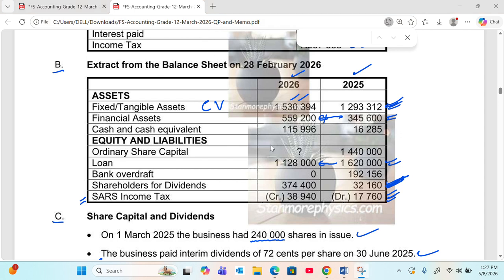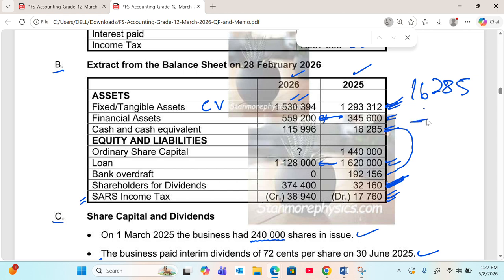Okay, so I want you to notice, guys, we're supposed to start by checking the cash and cash equivalent under assets. But we started with the bank overdraft, but it doesn't matter. We're still on the right path. Our cash and cash equivalent, we have 16,285. But can you see that we have an overdraft that is greater than the amount of money that we have? We have 16,285.